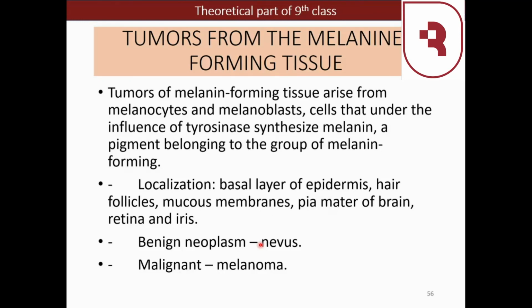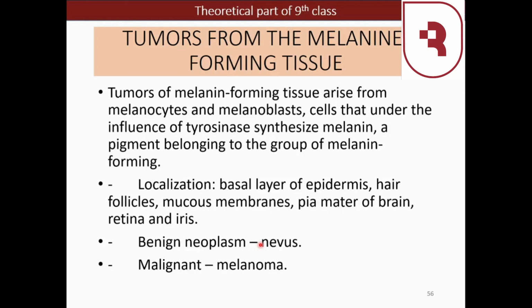Tumors from the melanin-forming tissue. It is a tumor from melanocytes, and we should remember where we may see melanocytes in normal conditions. We may see them in the iris, in the skin, the pia mater of the brain, in the retina, and also in the colon.